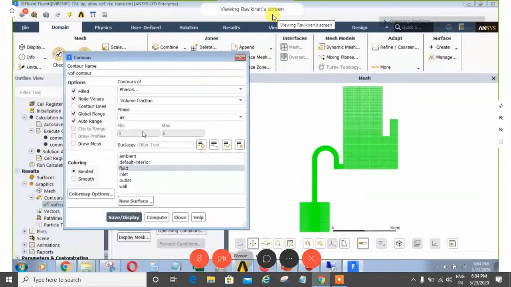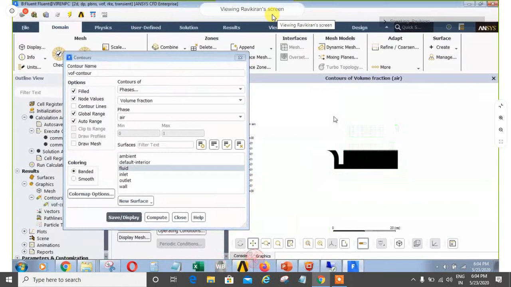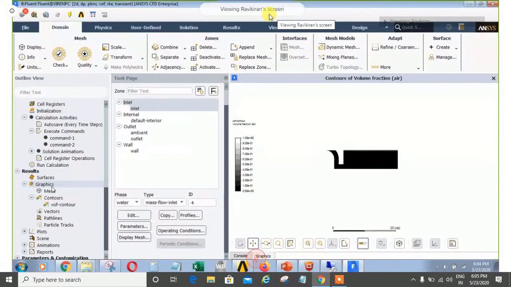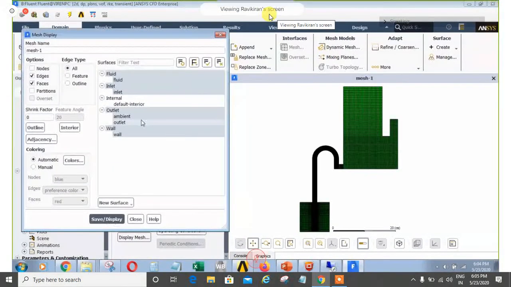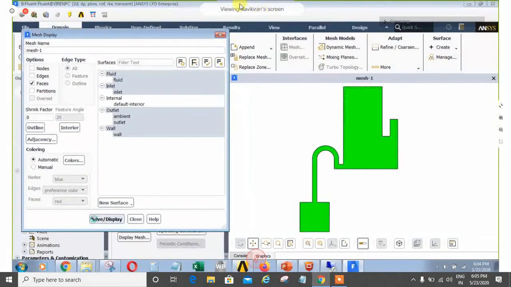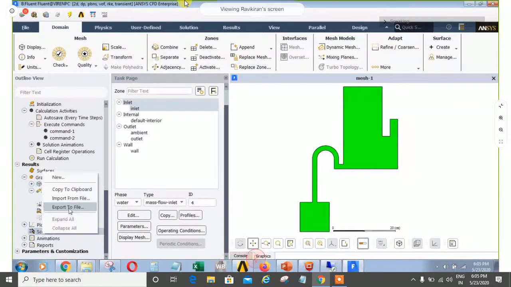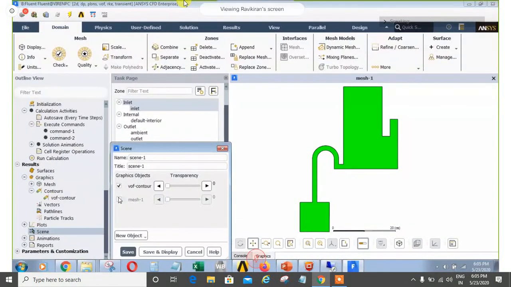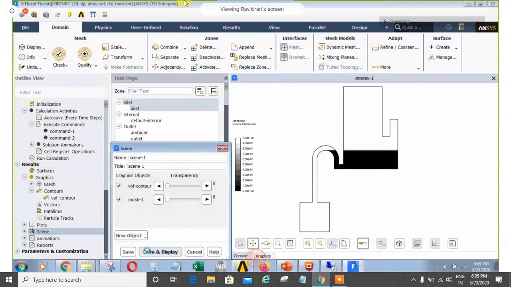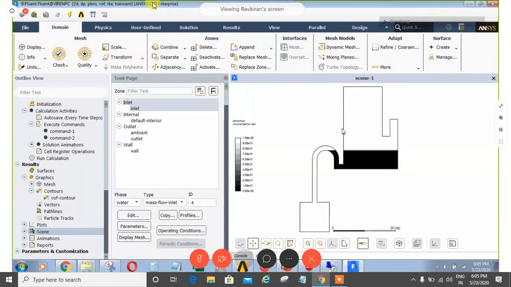We will be seeing the volume fraction of air. Okay, so here the black portion, if you see, is nothing but the water.